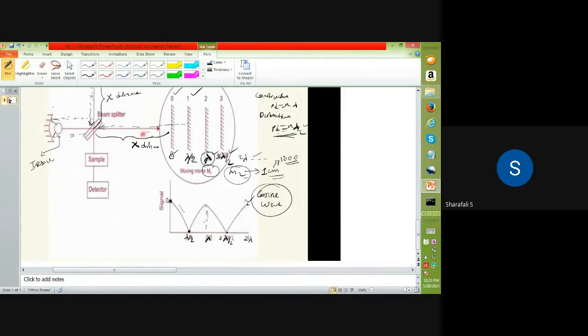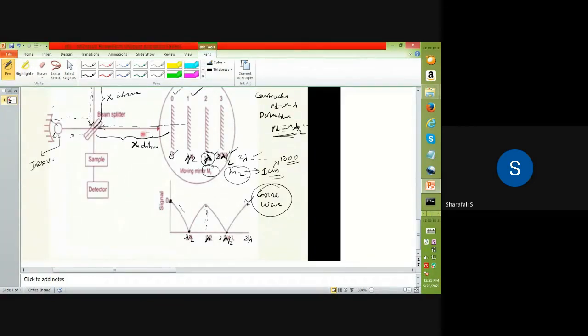Within 1 centimeter, it can take a thousand positions. So the variation of M2 will be very small, at different points within 1 centimeter, a thousand different points. You imagine that the motion of M2 will be infinitesimally small.